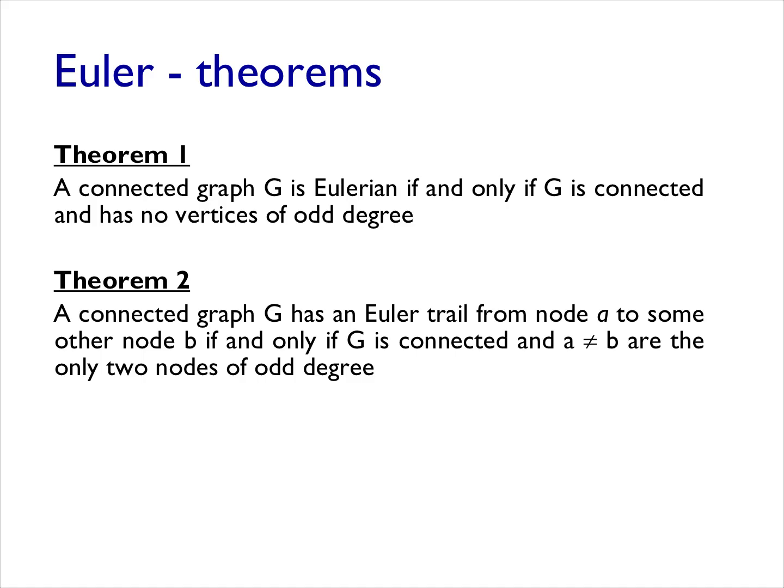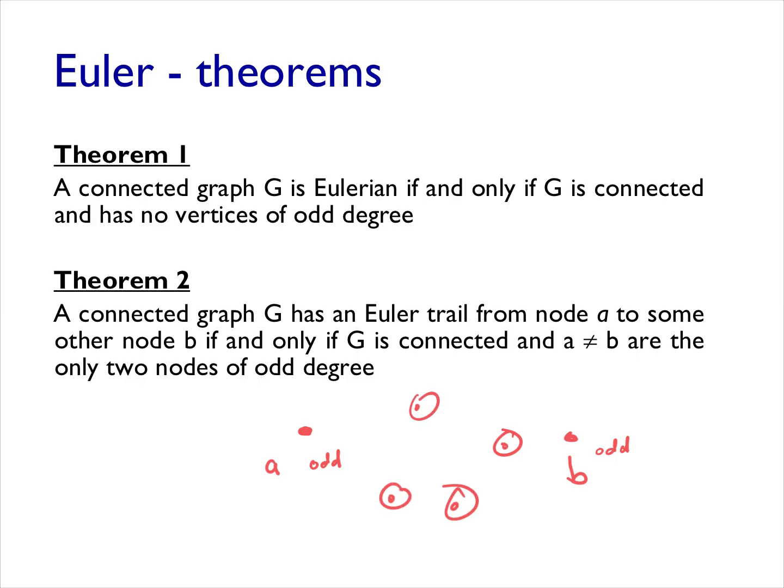So notice it says this. You can have an Euler trail, which means you can have an Euler path starting at node A and finishing at node B, passing through many other intermediate nodes in the middle, under the condition that A is odd degree, B is odd degree, and all the others have to be even degree.